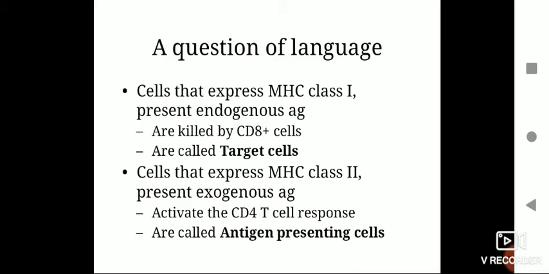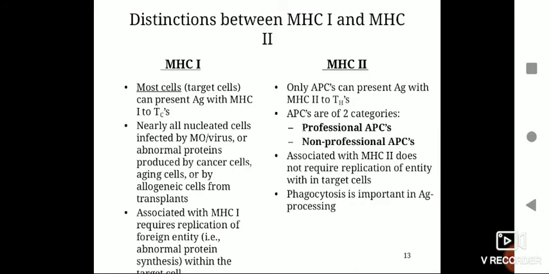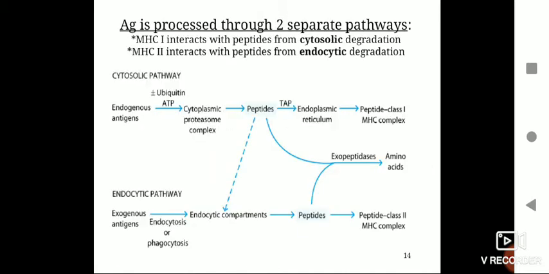The cells that express class 2 MHC on their surface present exogenous antigen and activate CD4 plus, or the T helper cell. And these cells which express class 2 on their surface are called antigen presenting cells. Right? So here is the difference between MHC class 1 and class 2. This I have already told you, a very, very important 2-mark question.